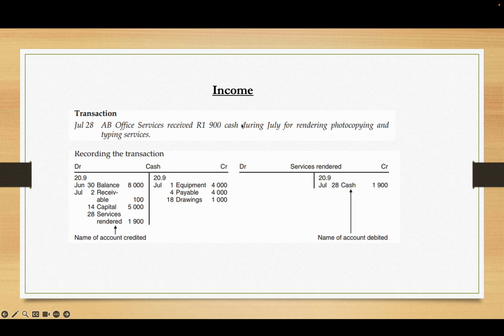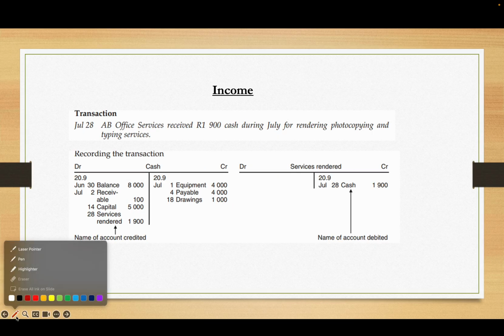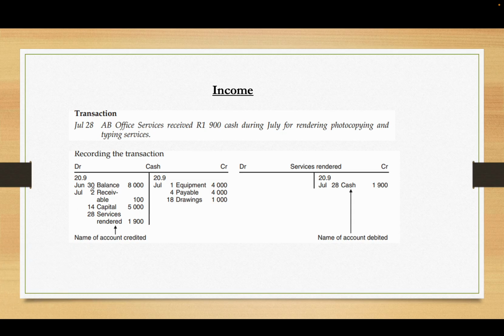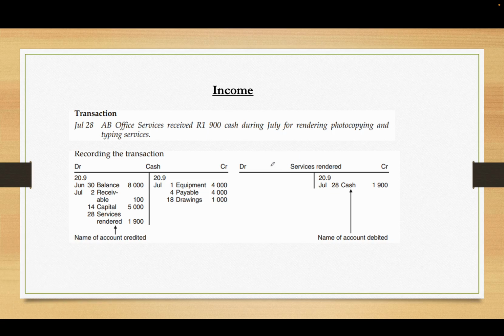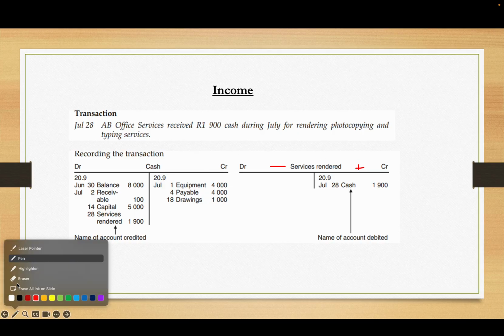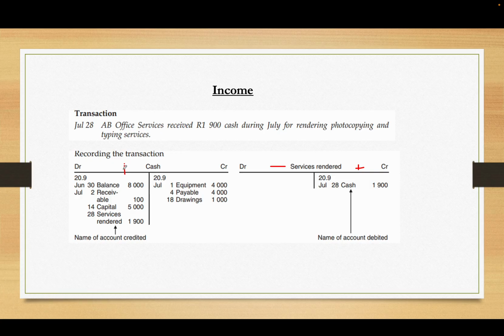Okay, let's go into the income example. Remember that I said income is a minus plus. Let's write it down. Minus plus, and cash, which is bank, is an asset, and that will be plus minus.